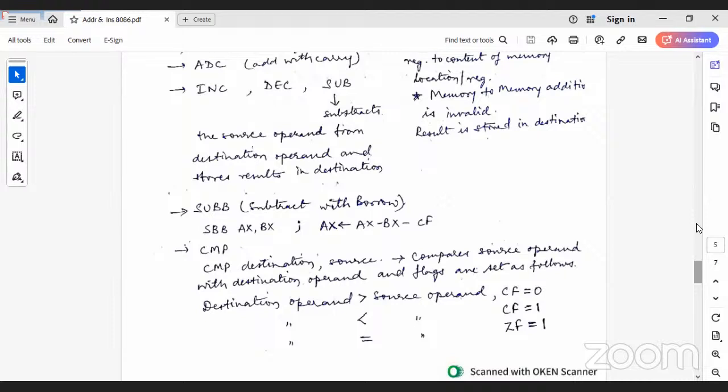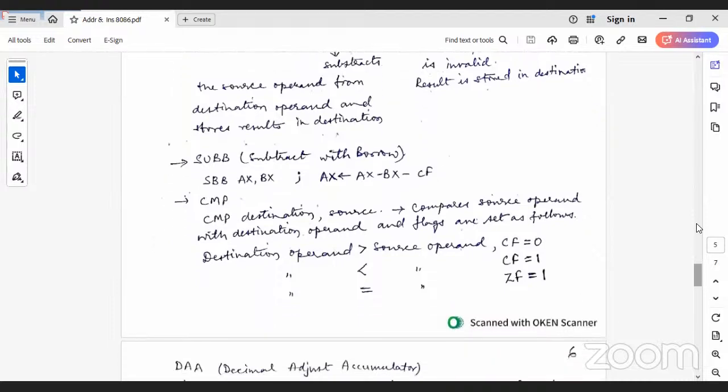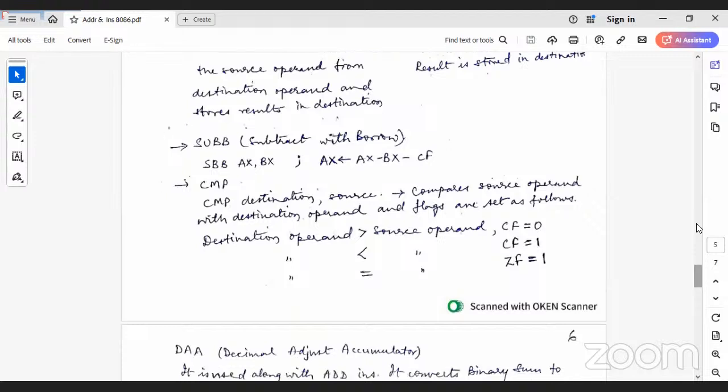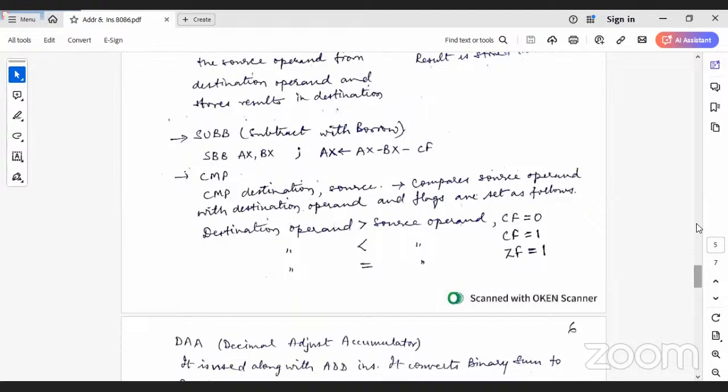Next among the arithmetic instructions, you have CMP, that is compare destination comma source. This compare instruction is there in 8085 also. The point to be noticed here is that when you are doing comparison, the status of the flags is going to change.